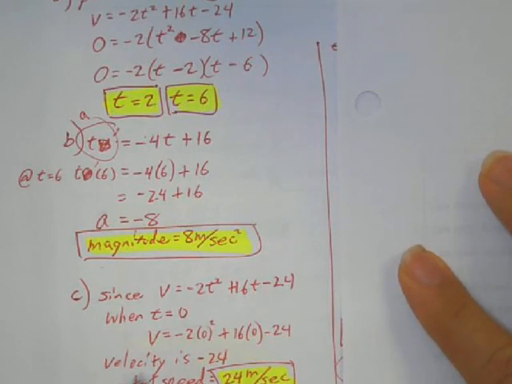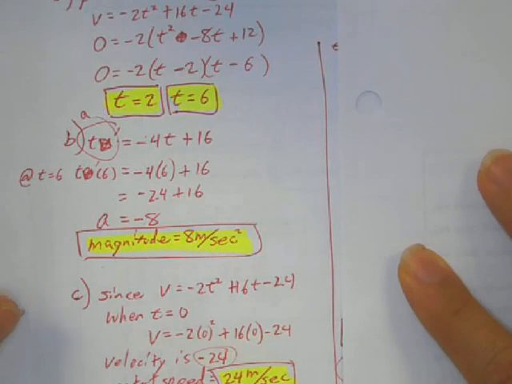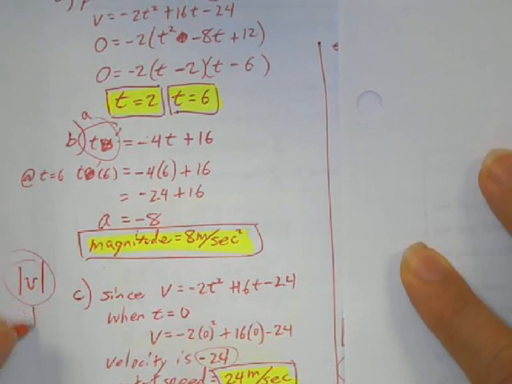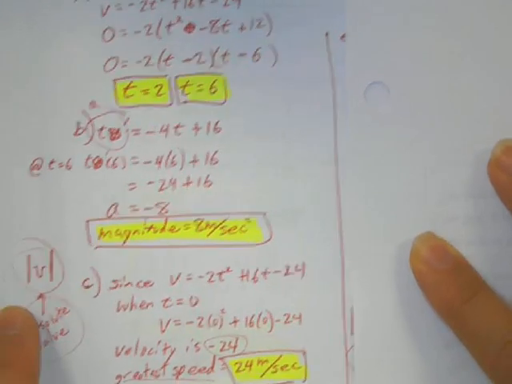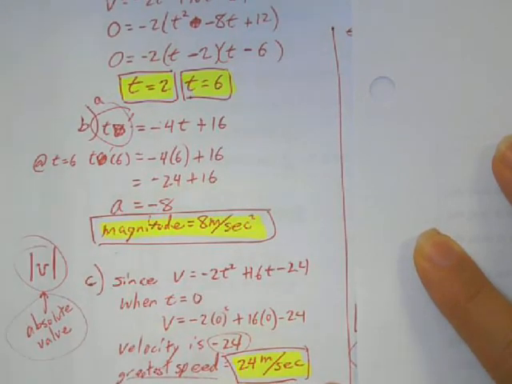And so a velocity of negative 24, it doesn't matter if it's positive or negative. We want to find the absolute value of the velocity, the speed, and negative 24 is going to have a greater speed than any of the positive values we've got.